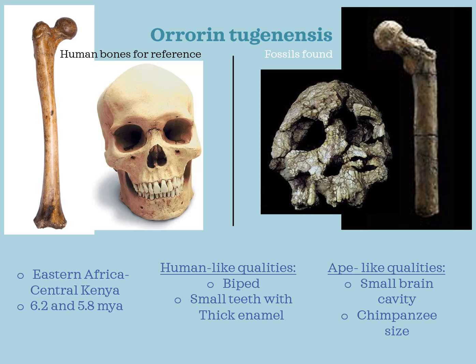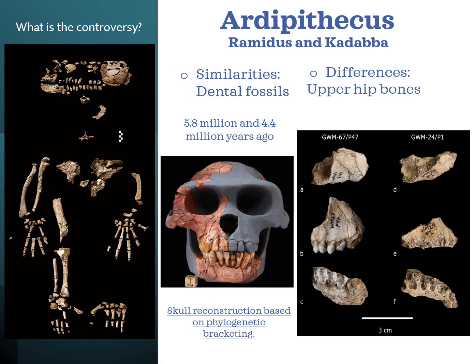Next, we see Ardipithecus. On this slide, we will be discussing Ardipithecus, focused primarily on the species ramidus and kadabba. The inclusion of these species in the hominin lineage is quite controversial within the scientific community, mainly because they all exhibit physical traits associated with upright walking, which is very human-like.